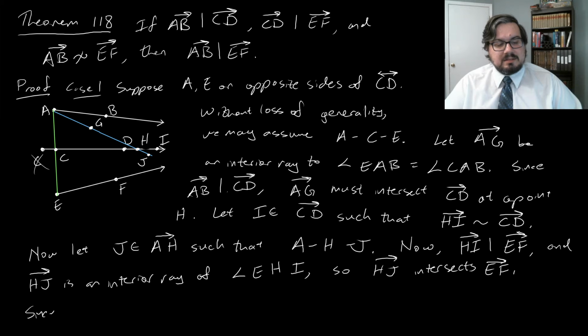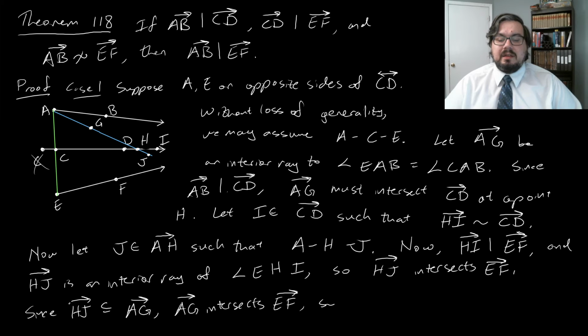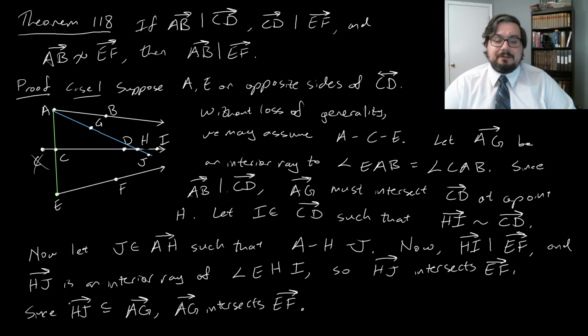But since the ray HJ is a subset of the initial ray AG we came up with, this means that the ray AG intersects the ray EF.